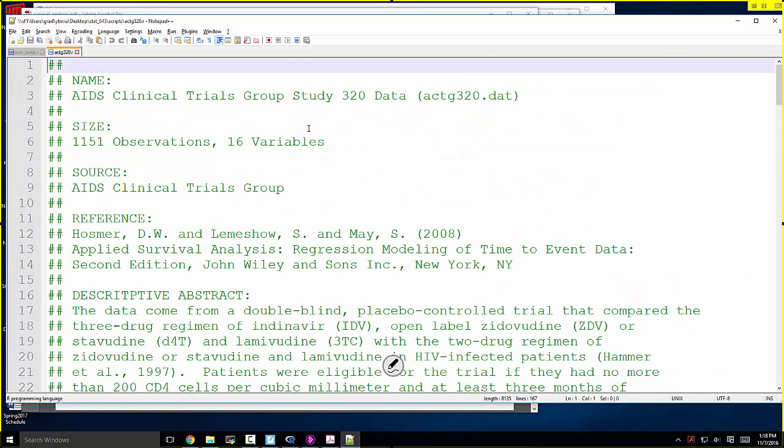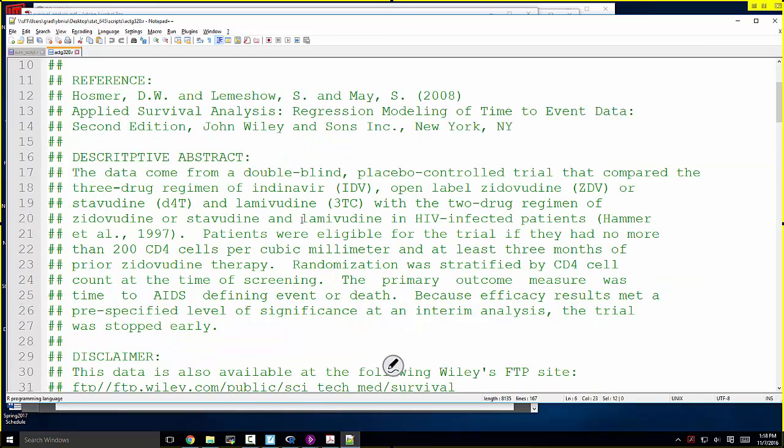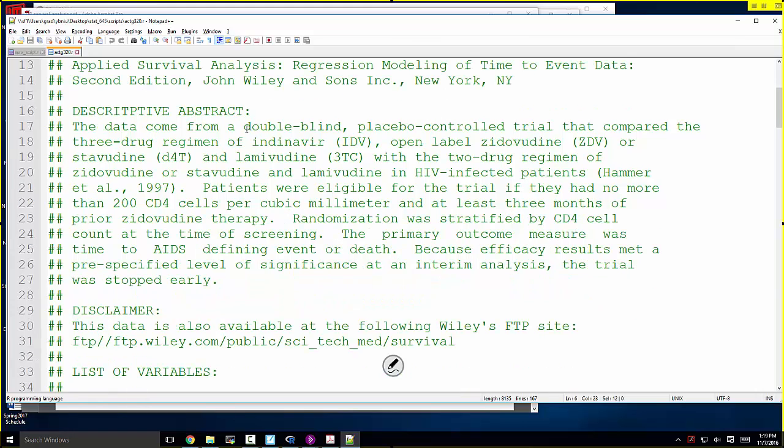These are AIDS patients in a clinical trial. We have a little over 1,000 individuals. We also have 16 variables. Double-blind, placebo-controlled trial. I'll spend at least one lecture this semester, by the way, talking about study types, like what's a clinical trial?